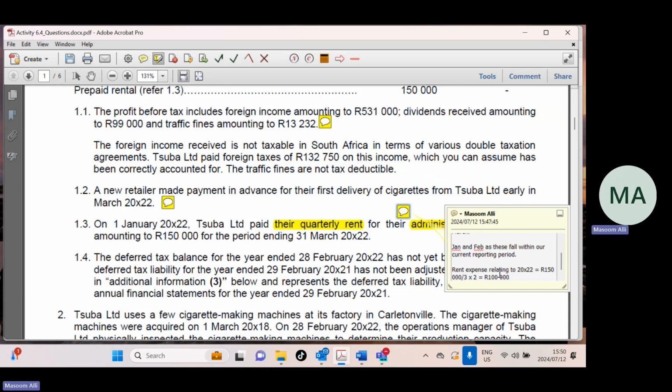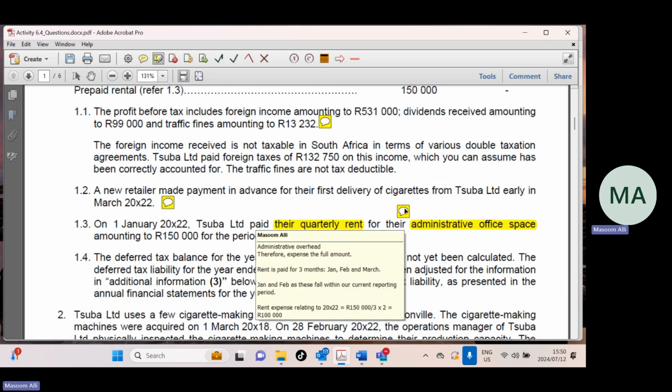Because we only need to account for 2 months because only 2 months are falling within our financial reporting period. Okay. So that's a very important thing.